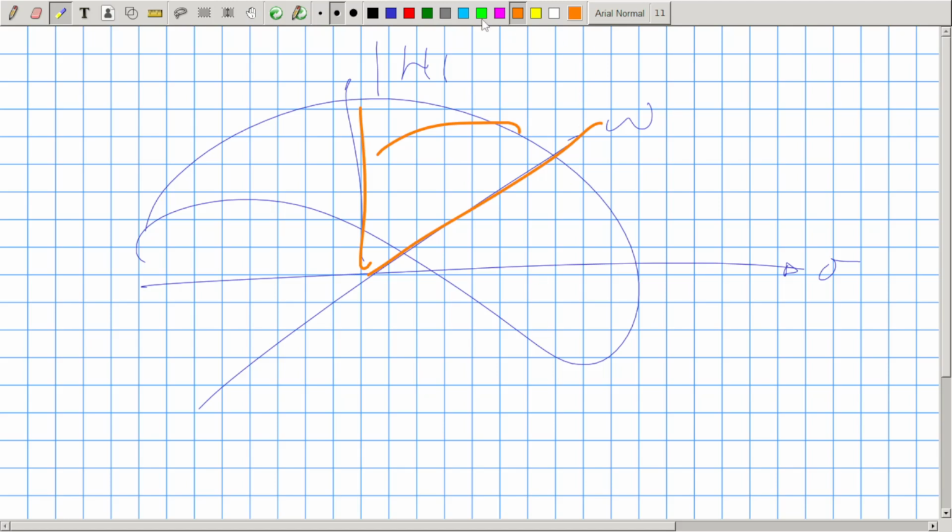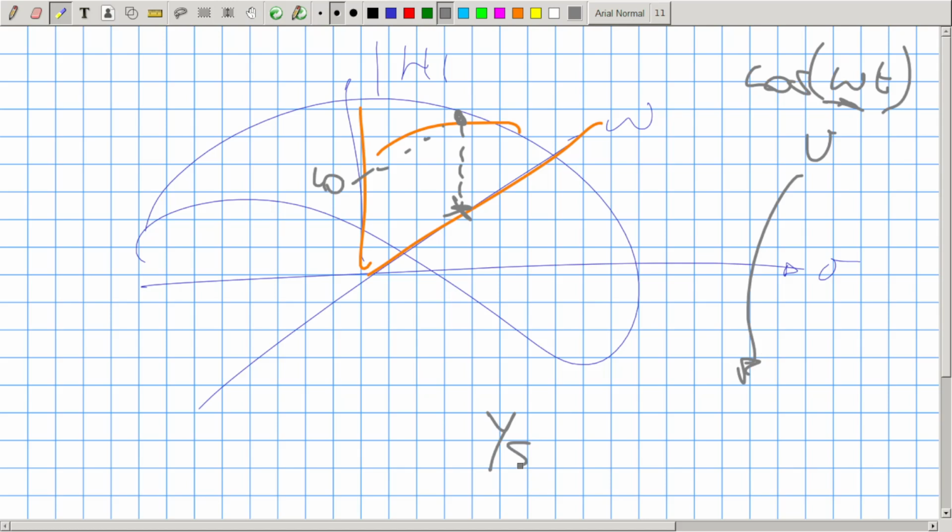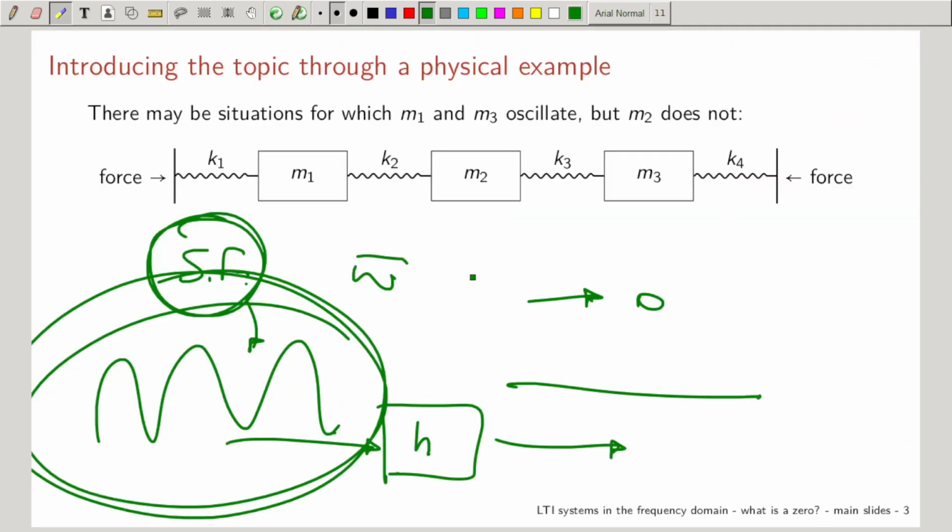That means that if I inject a cosine omega t as u, with this omega being this stuff here, and this one is 10, it means that after the transient, my y steady state is going to be essentially 10 cosine omega t plus a shift. True? In this situation, we have an omega bar for which we have 0.